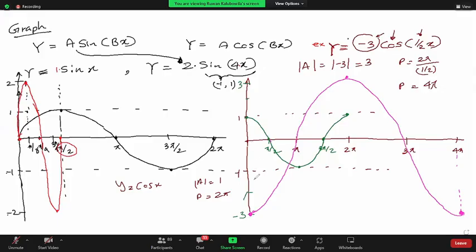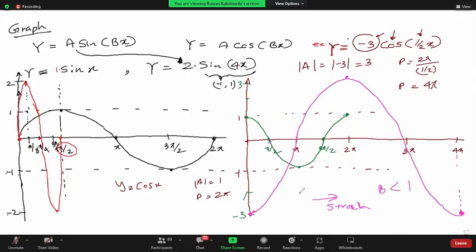And our period is greater than the original one. The original is 2 pi, but here it is 4 pi. This time b is less than 1. That means this graph is stretched, not compressed. Right? The original graph is stretched because b is less than 1 in this case.